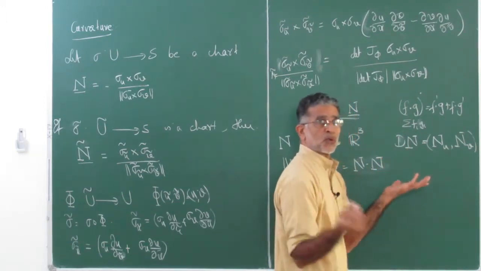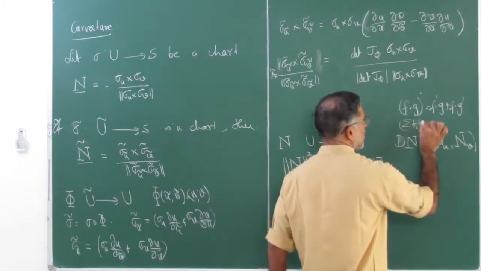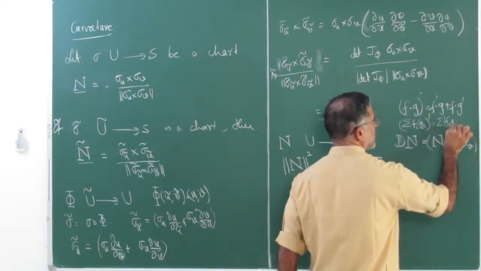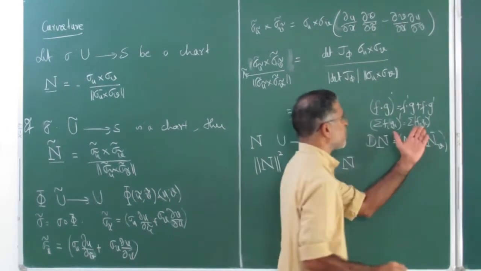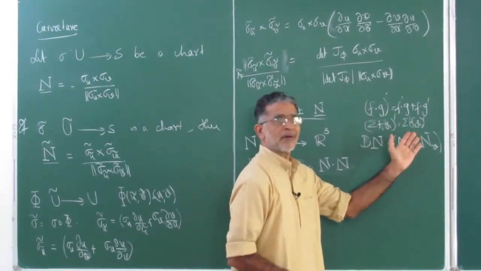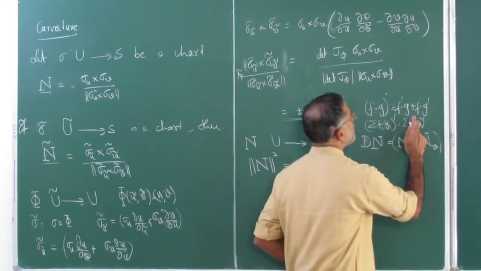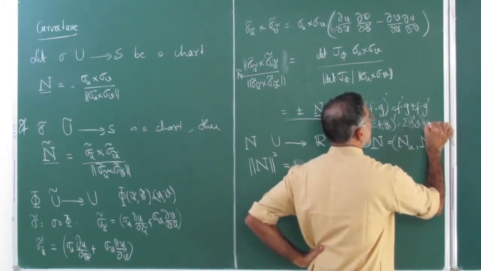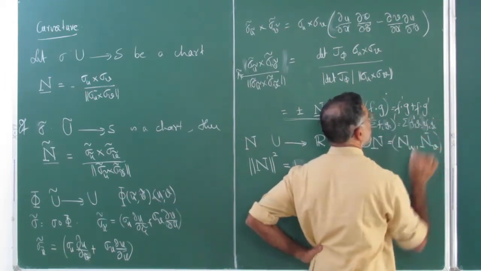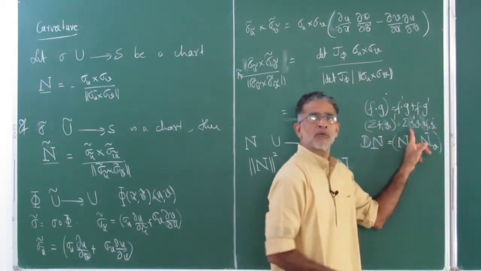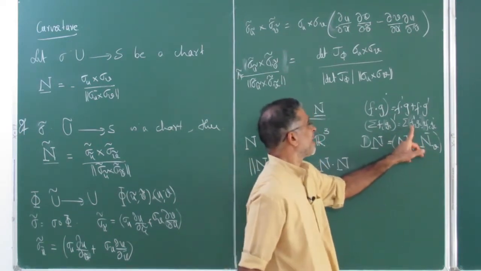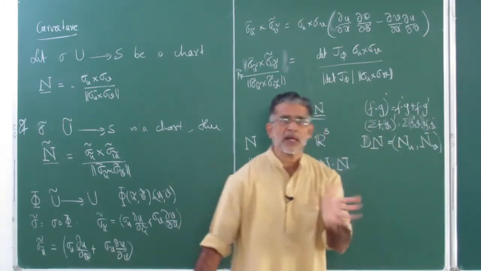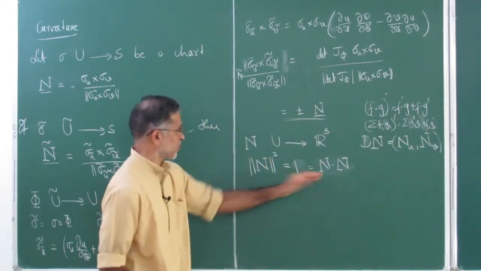Even in Rn this is true. So taking the derivative is the sum of the derivatives of fi gi. Apply the product formula: fi prime into gi plus fi into gi prime. Split it into 2 parts: the first one is f prime dot g, the other one is f dot g prime. This is the ordinary product formula you apply.